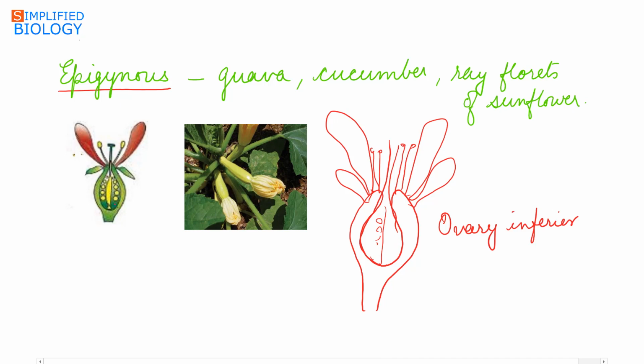Now this is the inferior ovary, and the other whorls like the stamens, petals and sepals lie above, they are superior. Example, as you see in this case, is cucumber, guava and ray florets of sunflower.